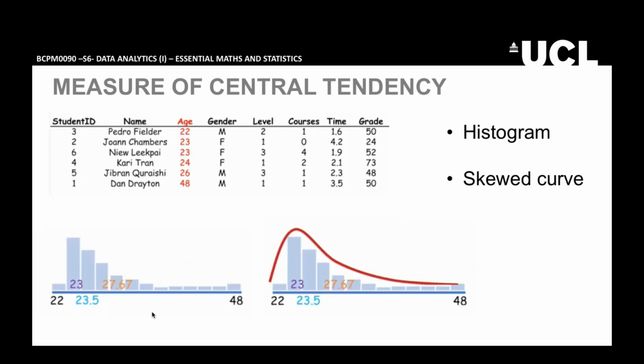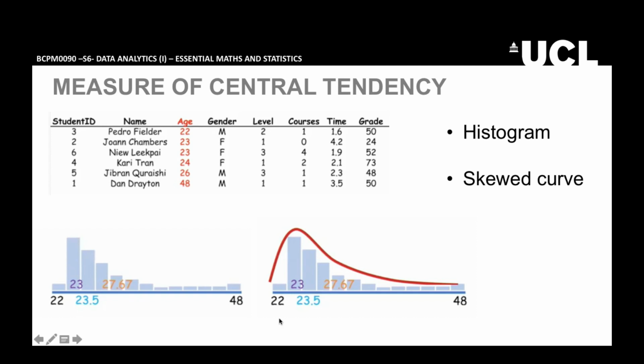Now let's suppose that we had a few more observations and we create a histogram that shows the frequency of each age value. It might look like this, and you can see here that by definition the mode has the highest frequency.